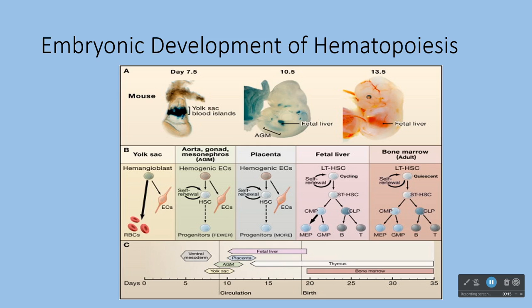We can't be without cells because the more we grow in embryo and fetus development, the more oxygen is needed and the more CO2 is going to be created. So we've got to continue production. Eventually, if you'll notice, it goes yolk sac, AGM. The placenta plays a little bit of a role, so this would also be a form of extra embryonic. But then eventually what's going to take over? The liver. The fetal liver is very, very small, but it begins to do that.